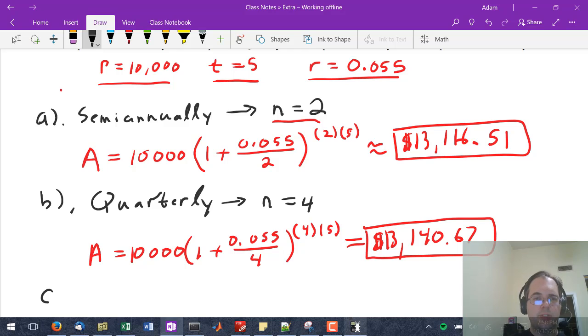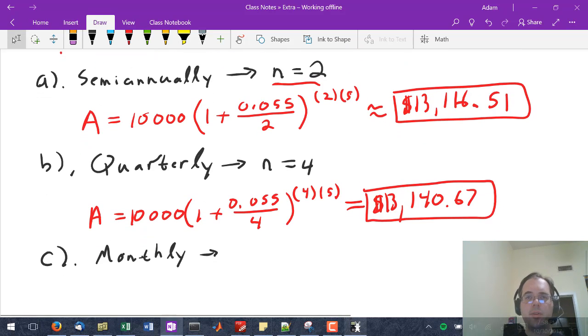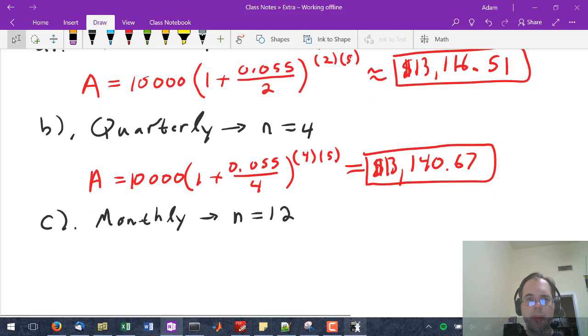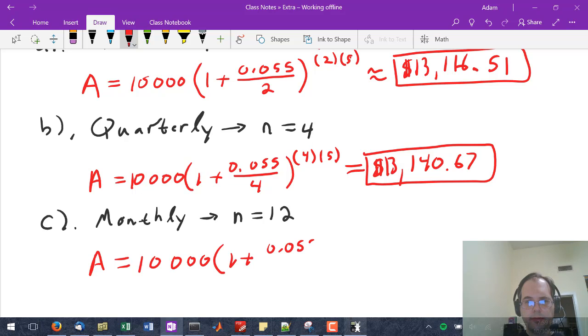All right, and then the next situation here is monthly. If you'd like to practice what we've been doing, go ahead and pause the video and see if you can calculate the compound interest for the monthly interest scheme. If it's monthly, then it's paid 12 times a year. So the formula will look pretty much the same, but instead of having 4, you'll have 12, like so.